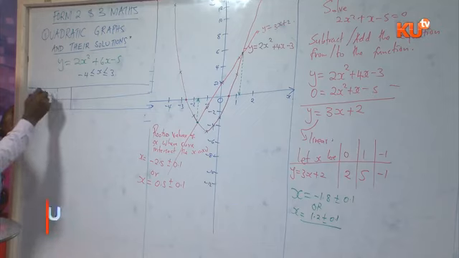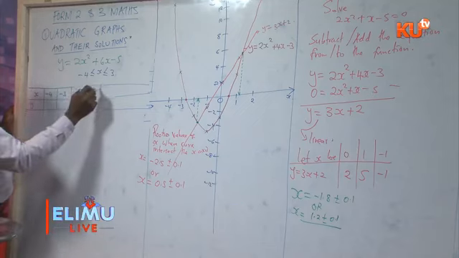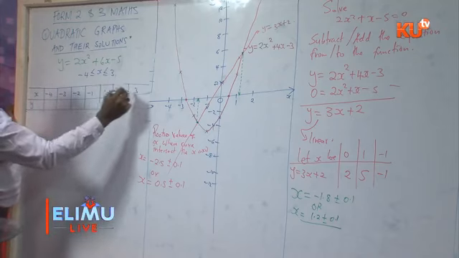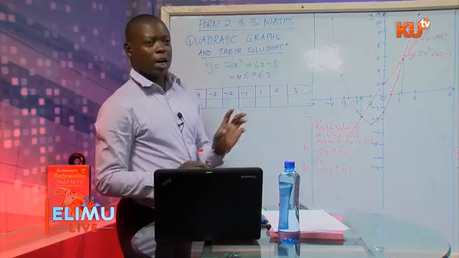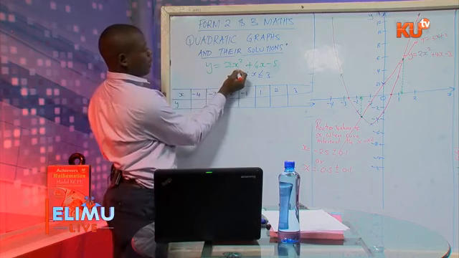So we have from -4, -3, -2, -1, 1, 2, and 3. And fill your values using your calculator again.